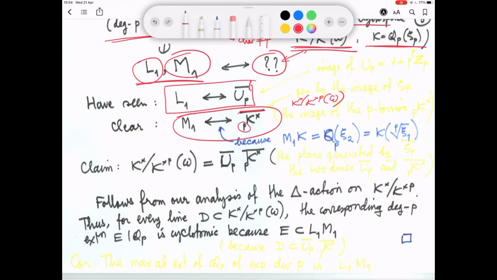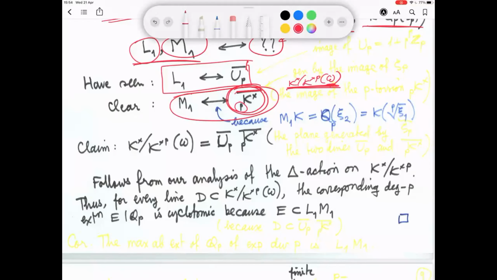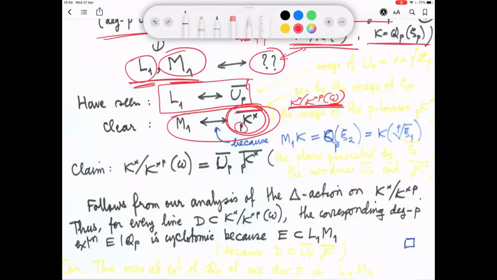And we had seen that delta acts on this image through omega, so this image is in the omega eigenspace. So now we have found the two lines in K star modulo K star to the p, omega, which correspond to the extensions L1 and M1. The lines are U_p bar and mu_p bar.